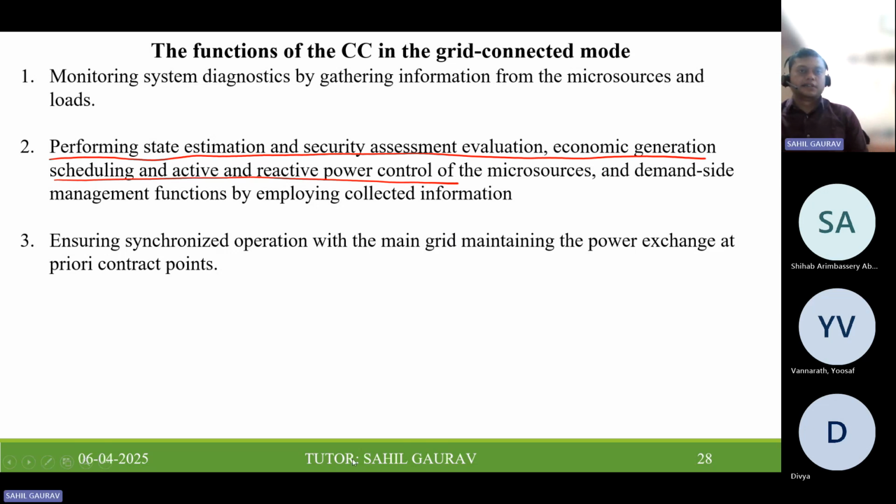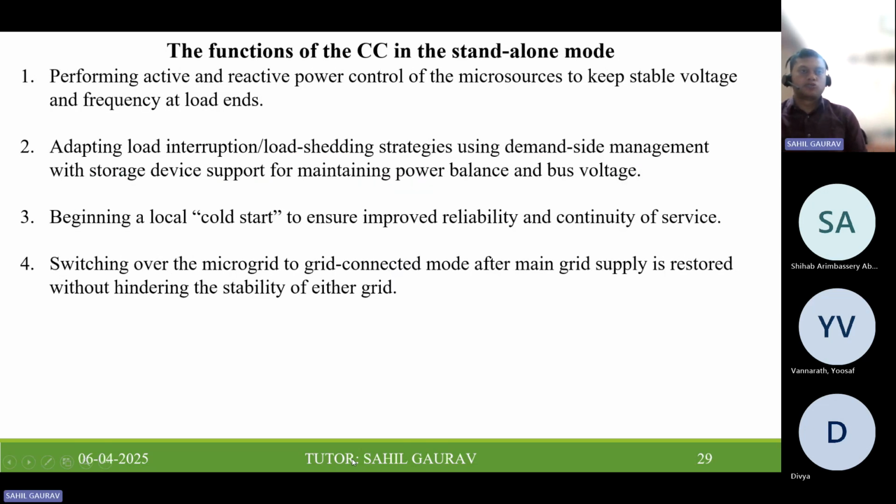In the standalone mode, it can perform active and reactive power control of the micro sources to keep stable voltage and frequency at the load ends.